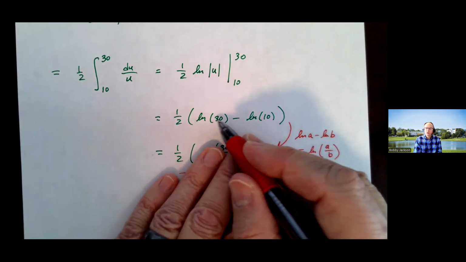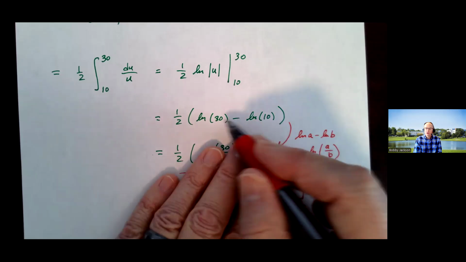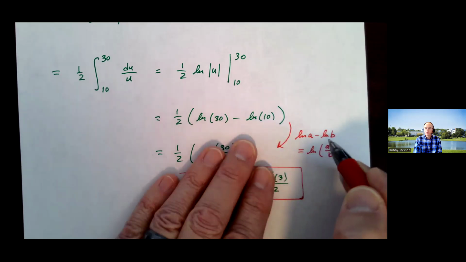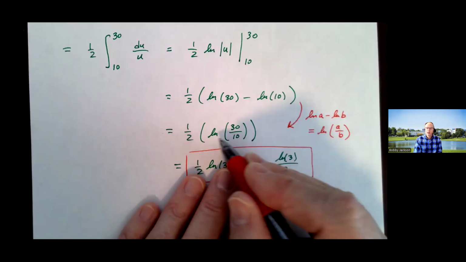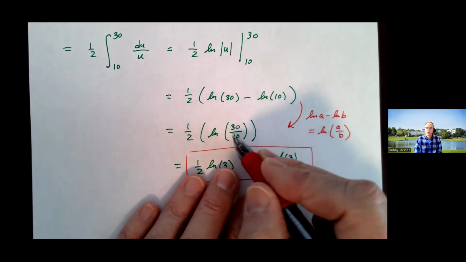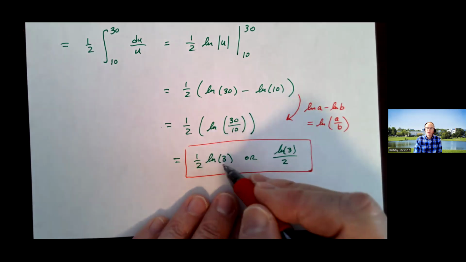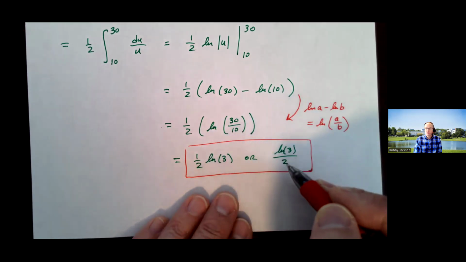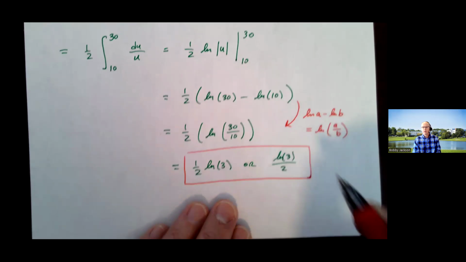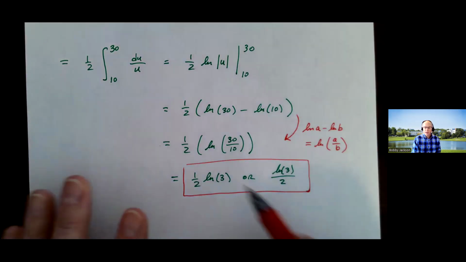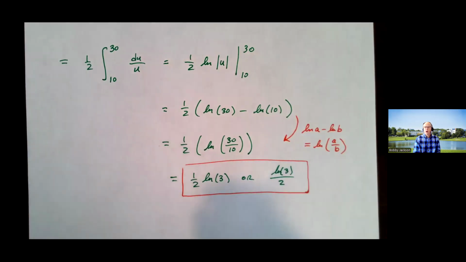Here I have natural log of A is 30 in this case, natural log of B is 10. And so I get the natural log of what? A over B, 30 over 10. Well, 30 divided by 10 is just 3. And so I get 1/2 natural log of 3 or the natural log of 3 divided by 2. Either one of those would be sufficient. So that's a nice simplification for this problem.